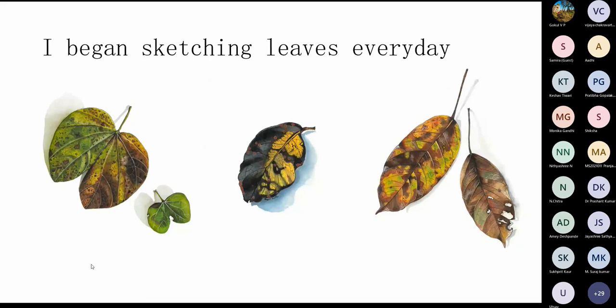The forests in the Western Ghats were rich in plant diversity, so I had a new leaf to paint every day and a different pattern to observe each time I sat down to paint.